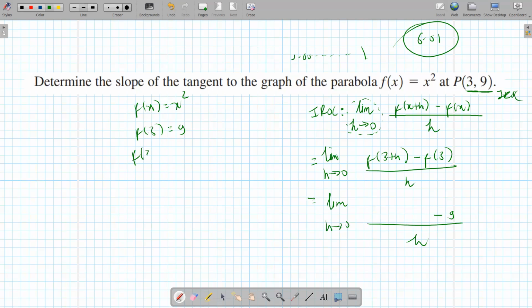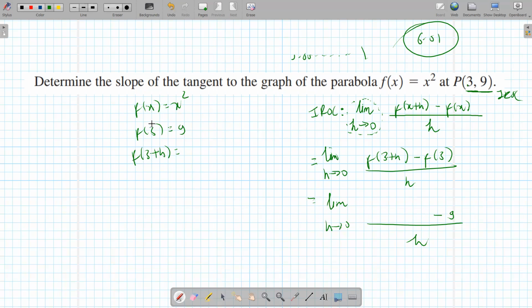What about f of 3 plus h? That's a little bit trickier. Whatever you see in the bracket will be x.